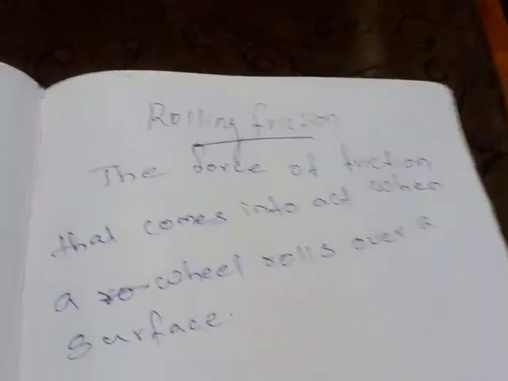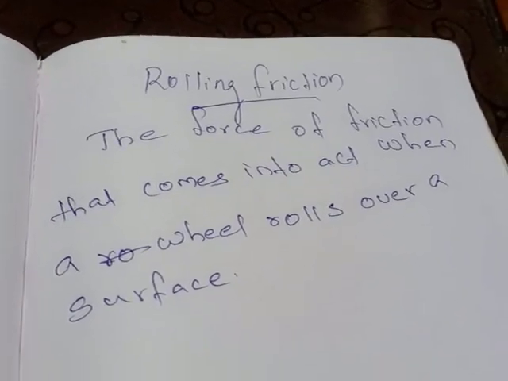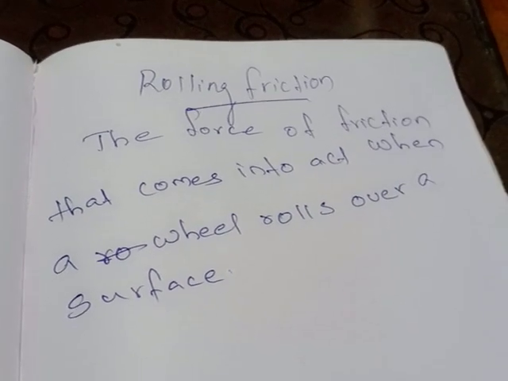This is the rolling friction definition: the force of friction that comes into act when a wheel rolls over a surface. So you can use this definition.